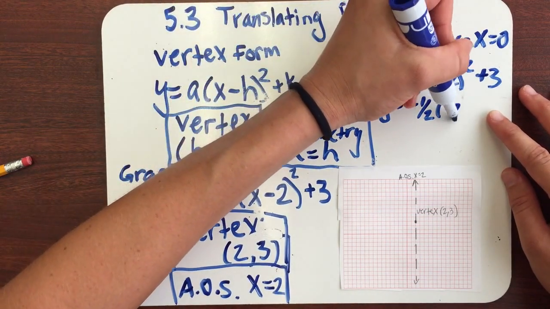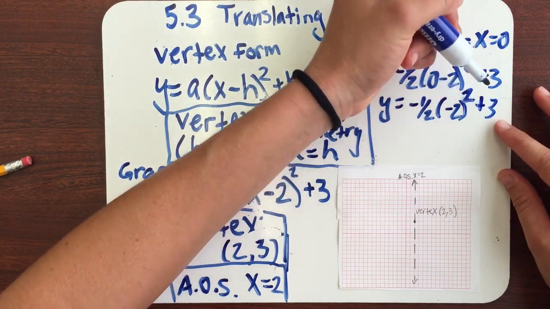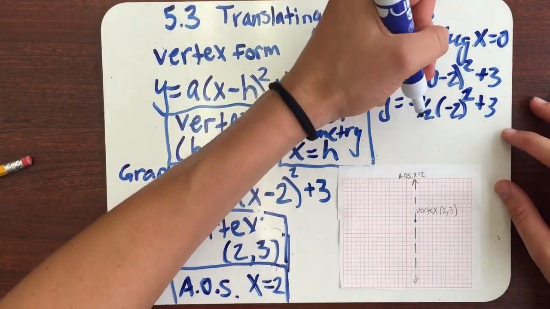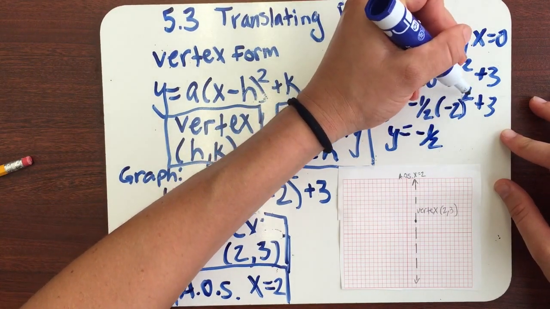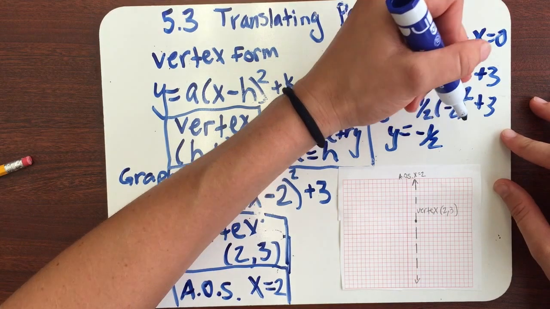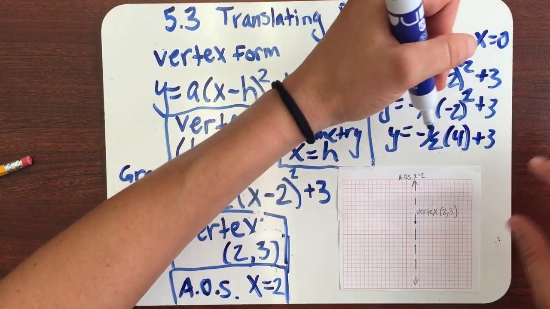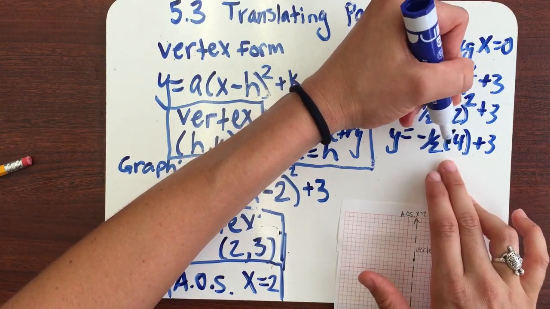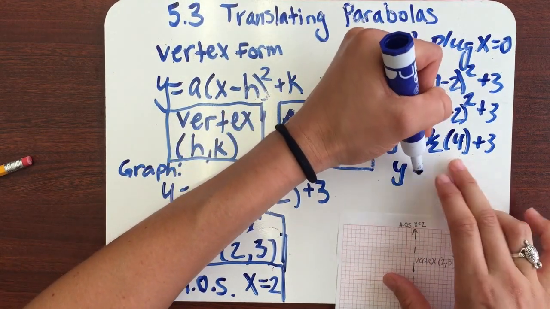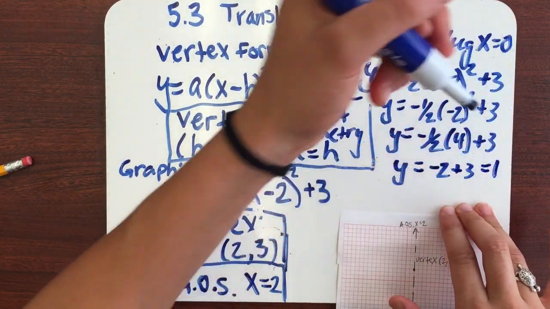Parentheses, -2. The next step we'll do is the exponents, E for exponents. Y equals -1/2 times (-2) squared, which is -2 times -2, which is 4. Then -1/2 times 4, or half of 4, is -2, plus 3, which will give us 1.